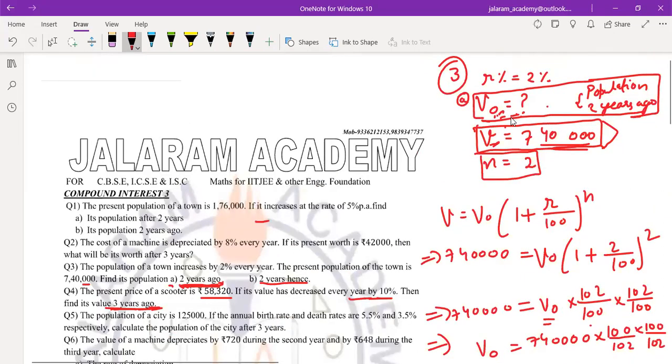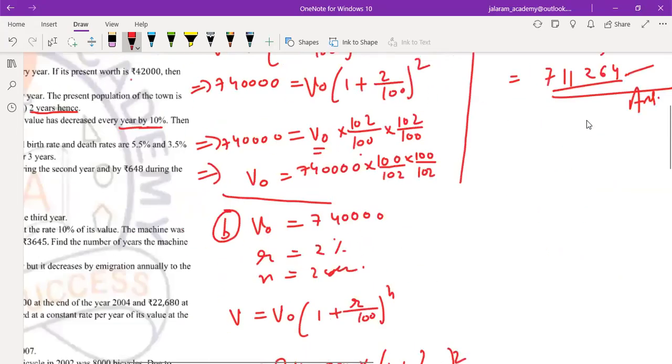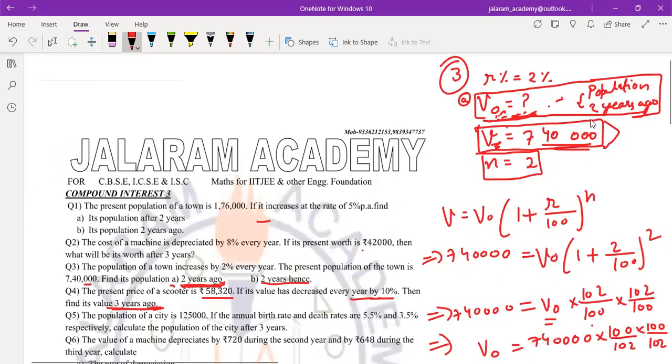The population 2 years ago is taken as V naught, which is unknown, and the present population, 7,40,000, is taken as V, the final population 2 years after the base year. So always remember this while solving questions of growth and depreciation. If 2 years ago or 3 years ago is asked, the present becomes the final, and V naught is unknown.